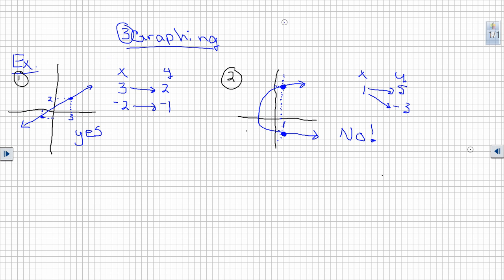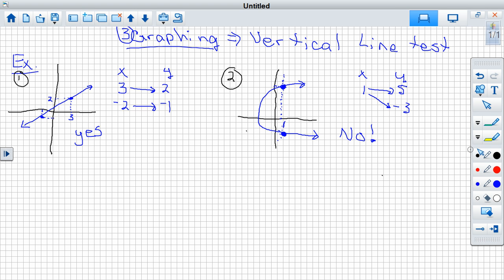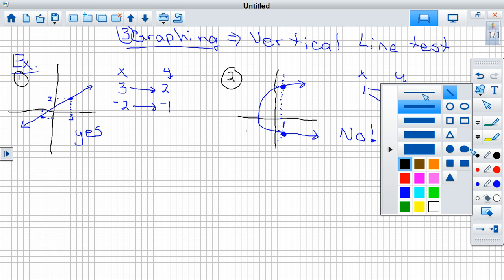This, when you're graphing, is called the vertical line test. Okay? I don't know if they'll give me a physical line to be able to see. Let's check.